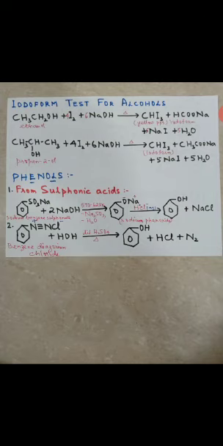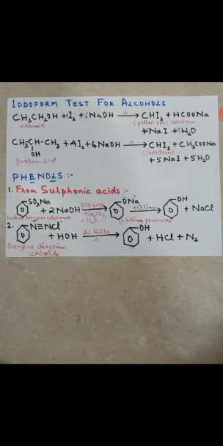Now, based upon this, I am giving you homework. You have to write down two reactions: how will you prepare phenol from nitrobenzene, and how will you prepare phenol from benzene.